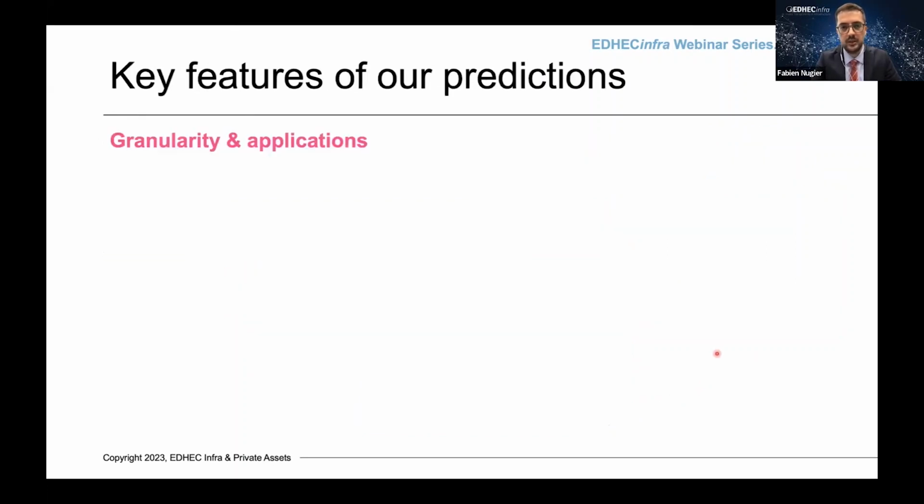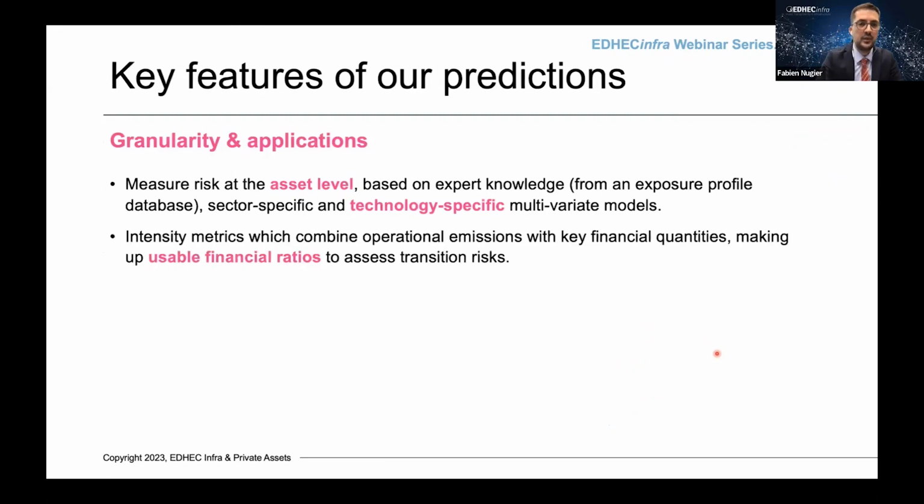All right. So what are the key features of our predictions? First, they measure the risk at the asset level. They are based on expert knowledge here developed at Infra. They are sector specific and also technology specific, and they use different variables.